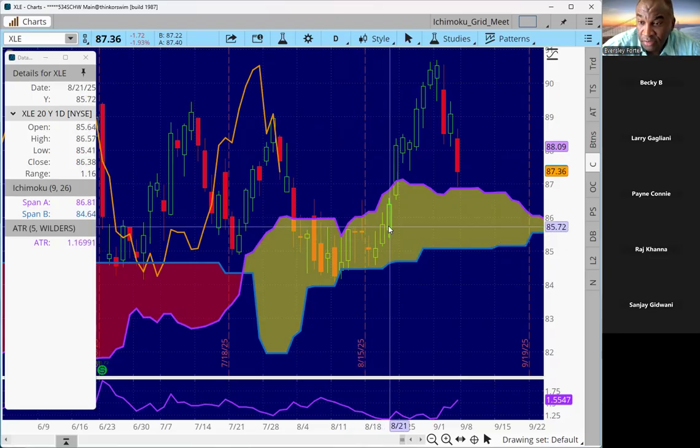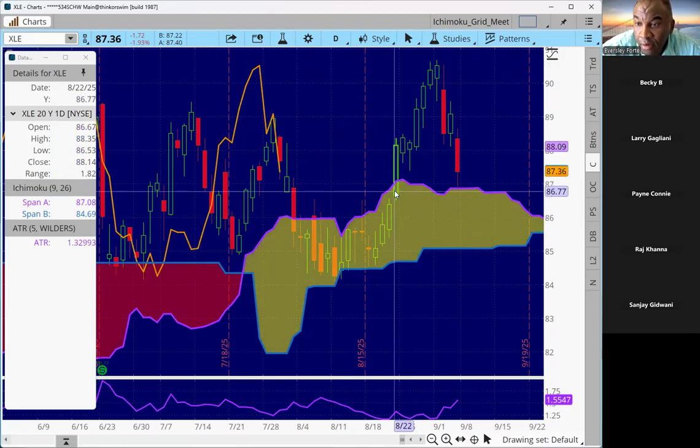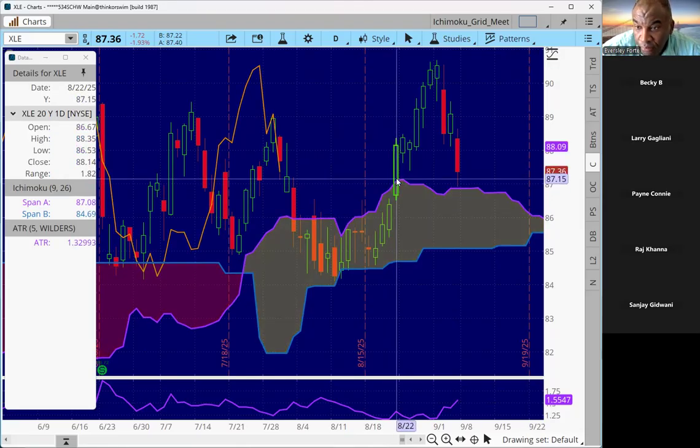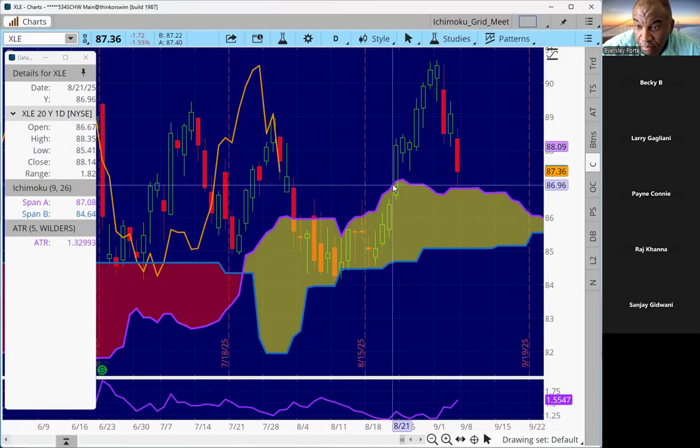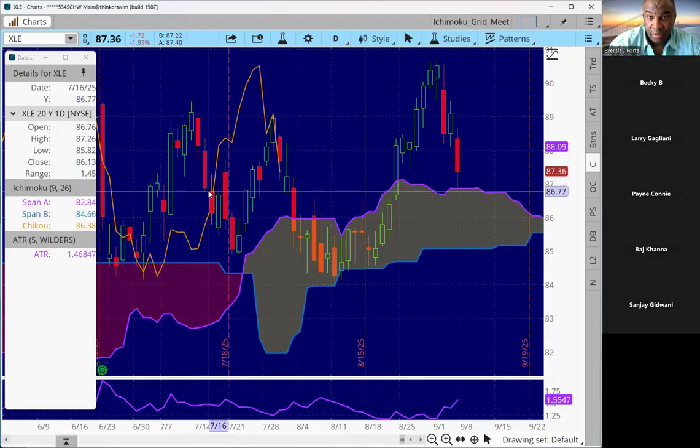So we go through that in coaching sessions. It's not just every time it closes above. No, we don't do that, or it gets chopped up. Again, close above the cloud, a certain number of days closing below the upper edge of the cloud, and 26 days ago, the Chikou had to be above the cloud. That's it.